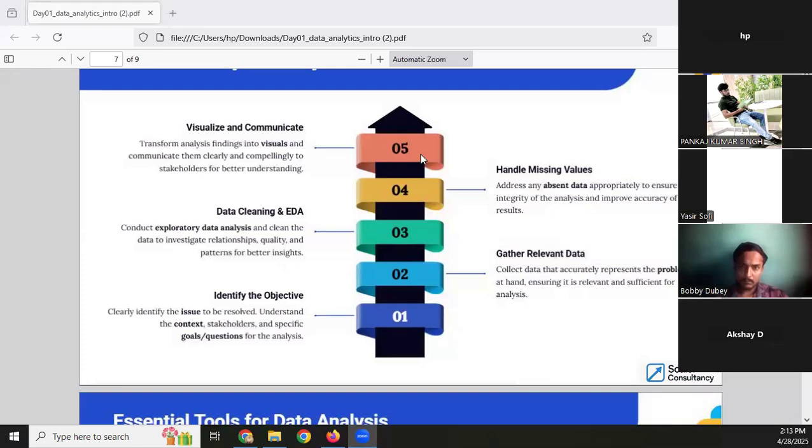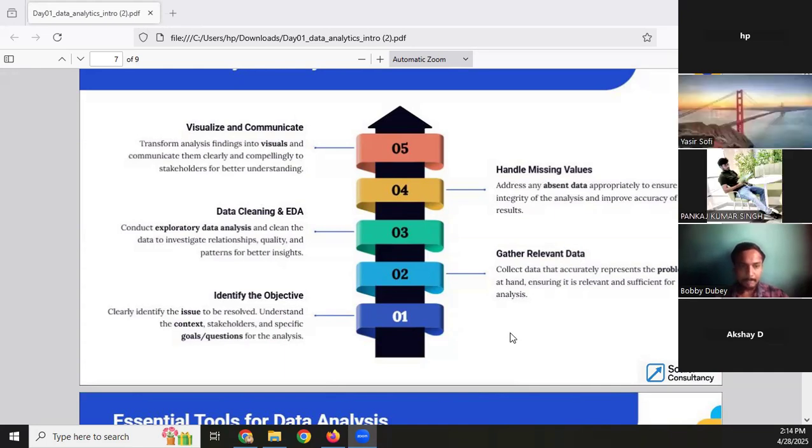Yes. So now, in the life cycle of the data analyst, you can see that there are the major five steps. First comes identifying the objective, where it can clearly identify what is the issue, how it can be resolved, and what are the goals and questions of the stakeholders, what he is looking for in the data.